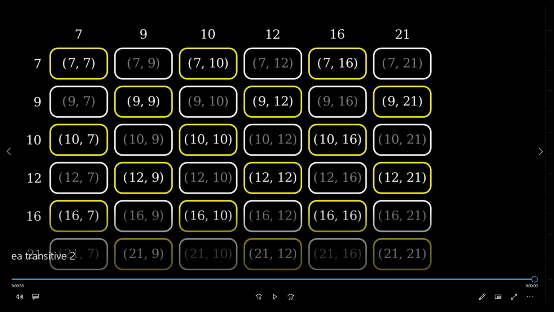All the ones which are selected are divisible by 3. 7 and 7, the difference is 0, it is divisible by 3. 9 and 12, the difference is 3, divisible by 3.